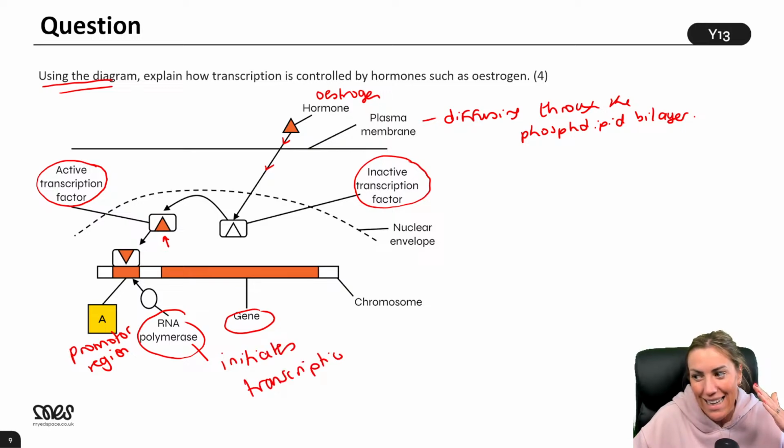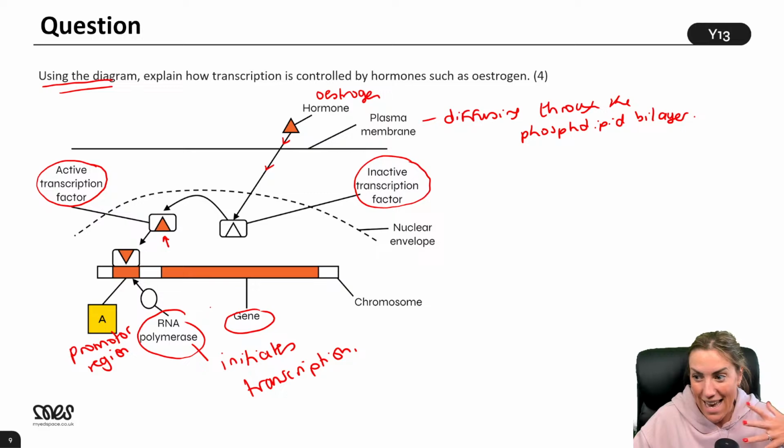But you can kind of get all that from the diagram. So estrogen works in this way. It diffuses into the cell through the phospholipid bilayer. It binds to the estrogen receptor, which is on a transcription factor. It activates the transcription factor, which then binds to the promoter region, which then initiates transcription.